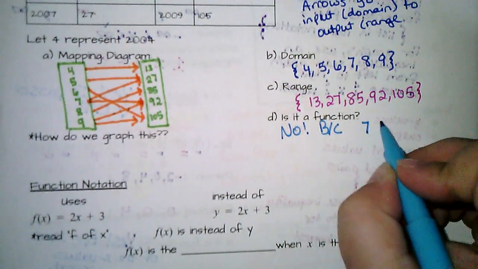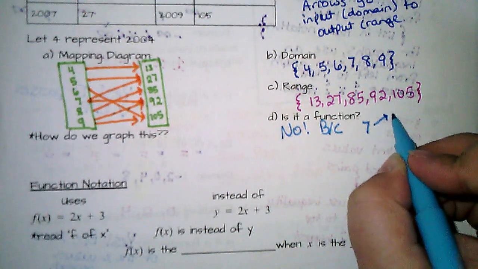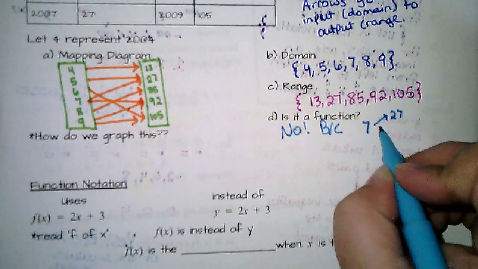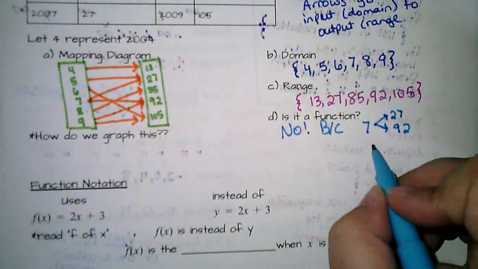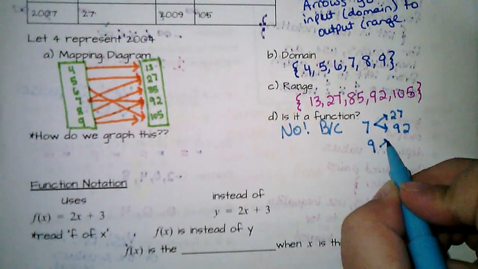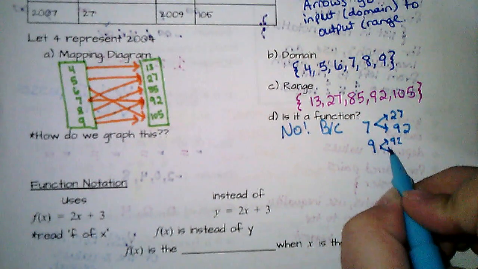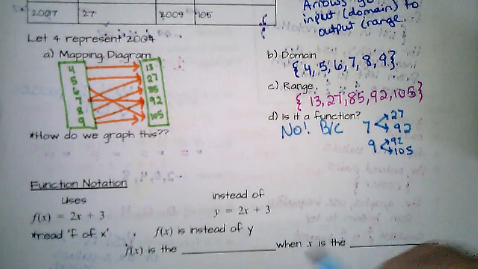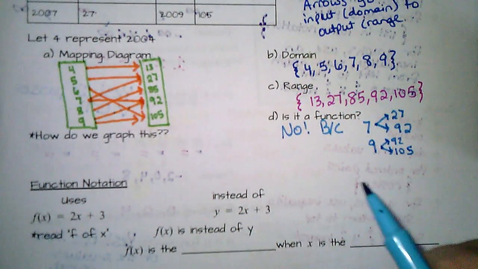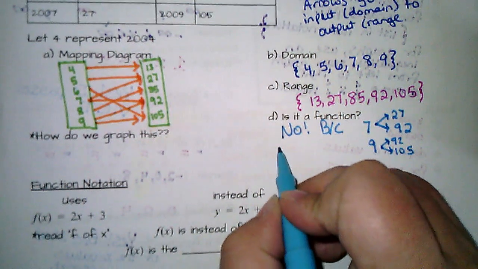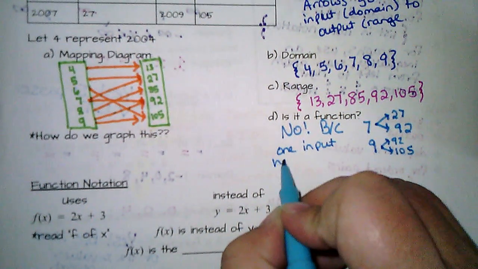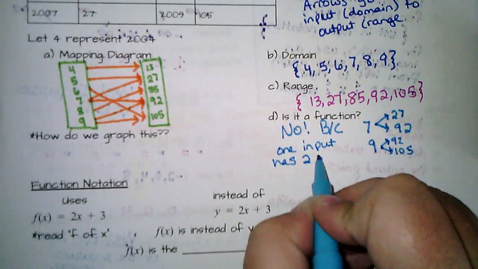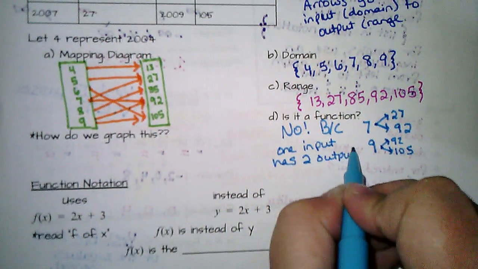because 7 goes to, what is that, 27 and 92? And actually 9 goes to 92 and 105, because 7 and 9, which are one input, has two outputs, and it's only allowed to have one.